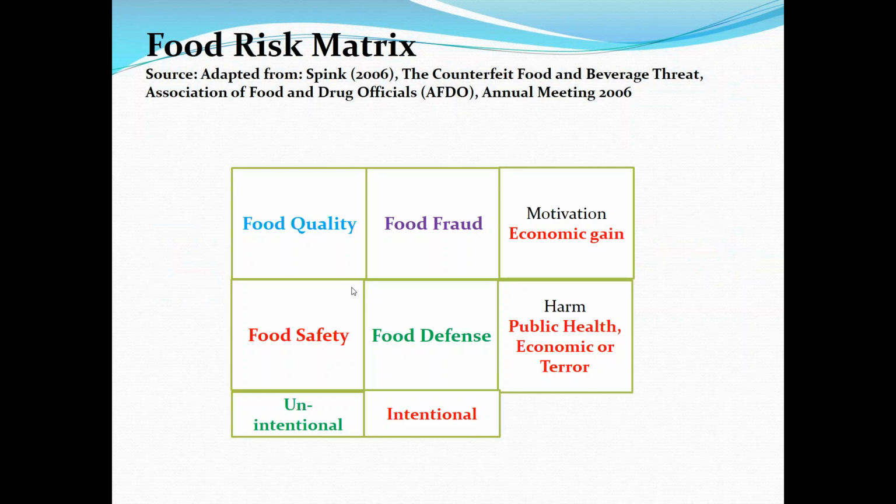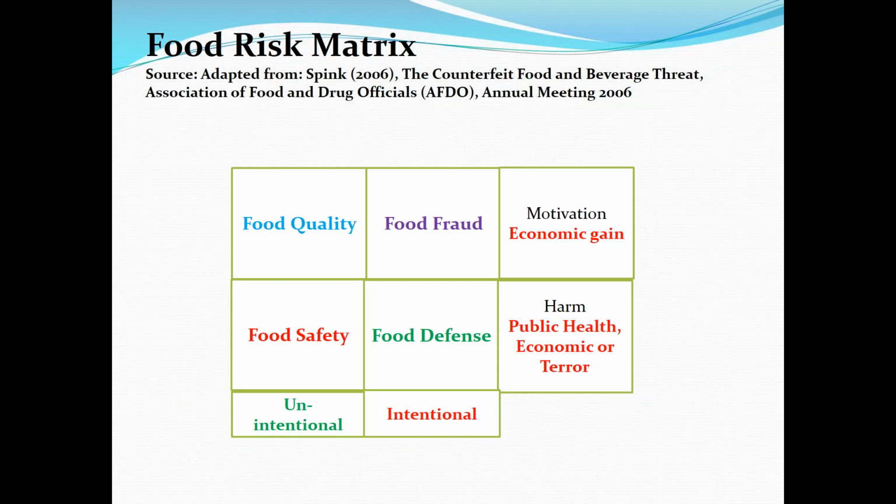This is what I call a food risk matrix. Again, this has been taken from the reference I've given at the top of the slide. This food risk matrix differentiates between unintentional and intentional risks to food. Food safety and food quality issues are categorized as unintentional risks, and food fraud and food security are intentional risks.